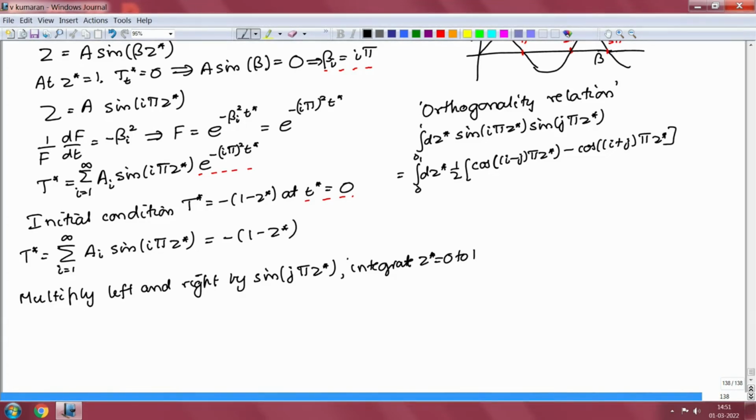Express the product of sine functions as a difference: sine A sine B is 1/2 of cos of A minus B minus cos of A plus B. So, that product rule we are using here.